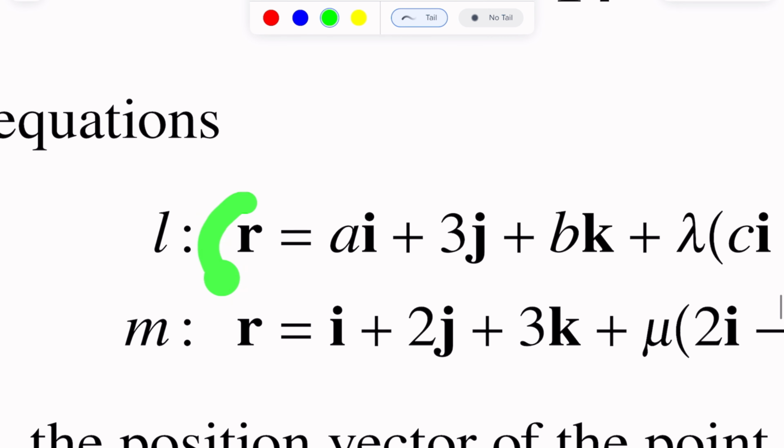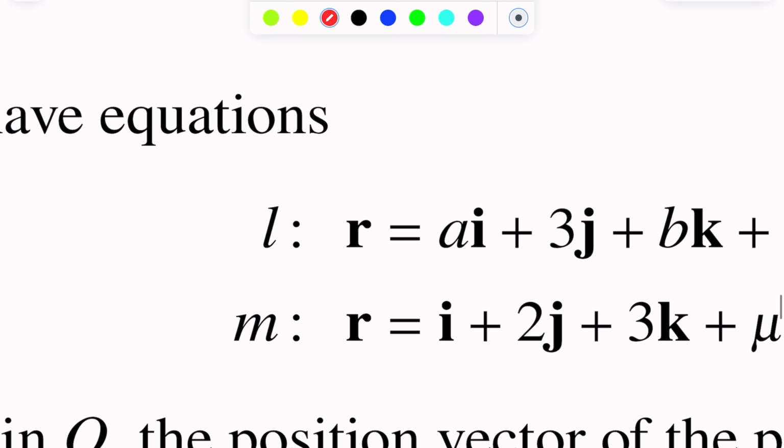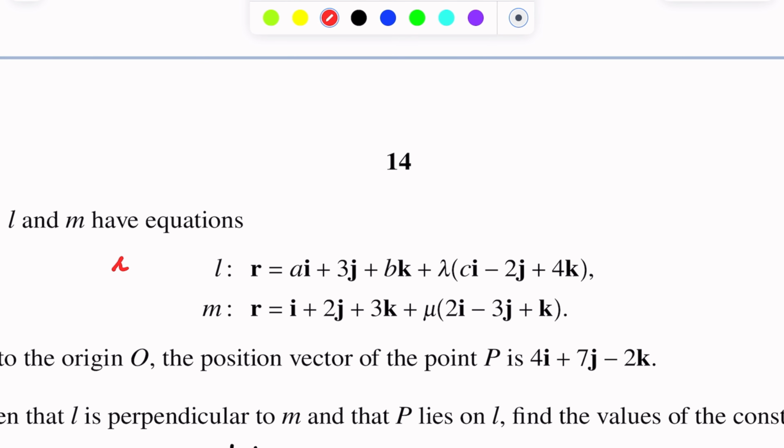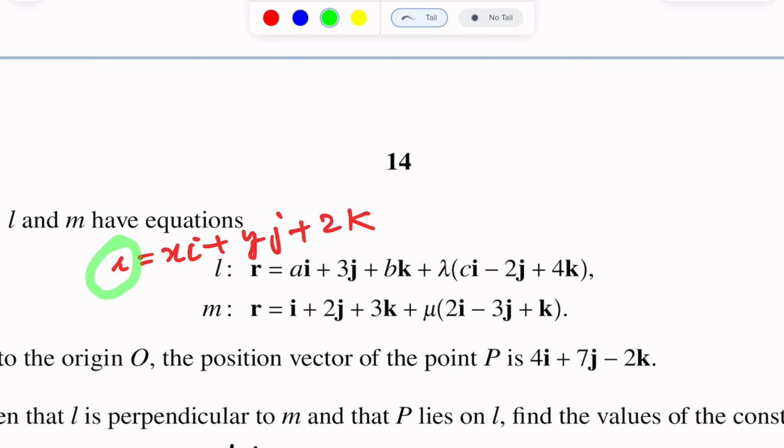This small r is very important in vectors. Small r is equal to xi + yj + zk always. r is the position vector of the general point on the line, xi + yj + zk.